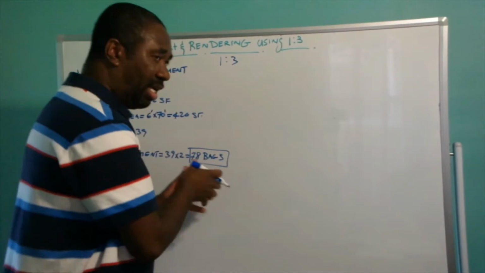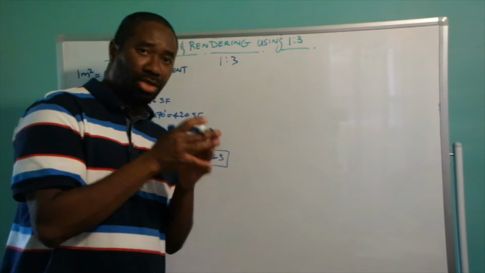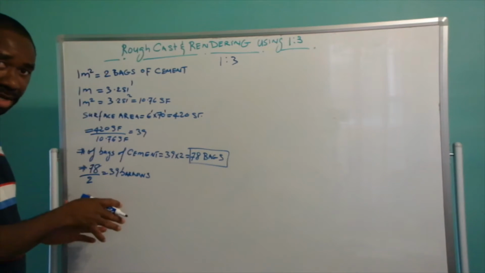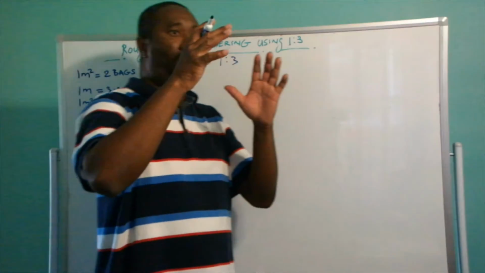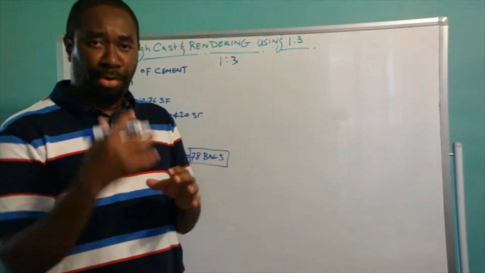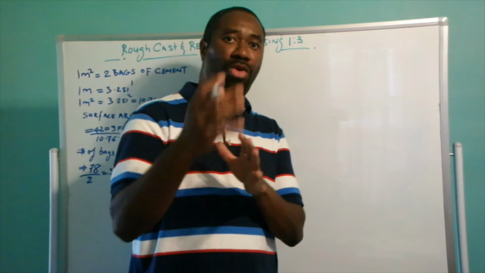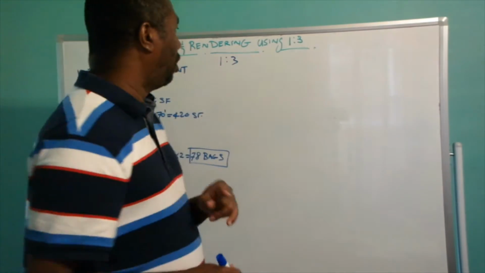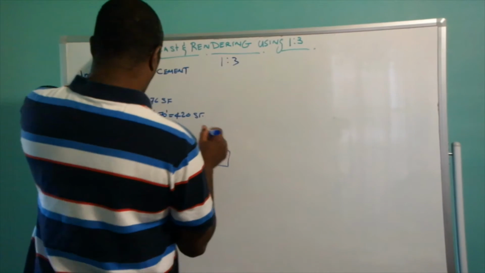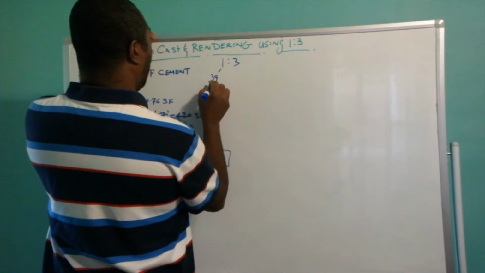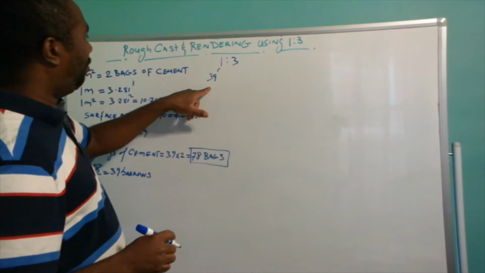So 78 bags of cement is going to be equivalent to 39 barrels of cement, at a proportion of 2 bags of cement to 1 barrel. So this one here is going to be equal to 39 barrels of cement.